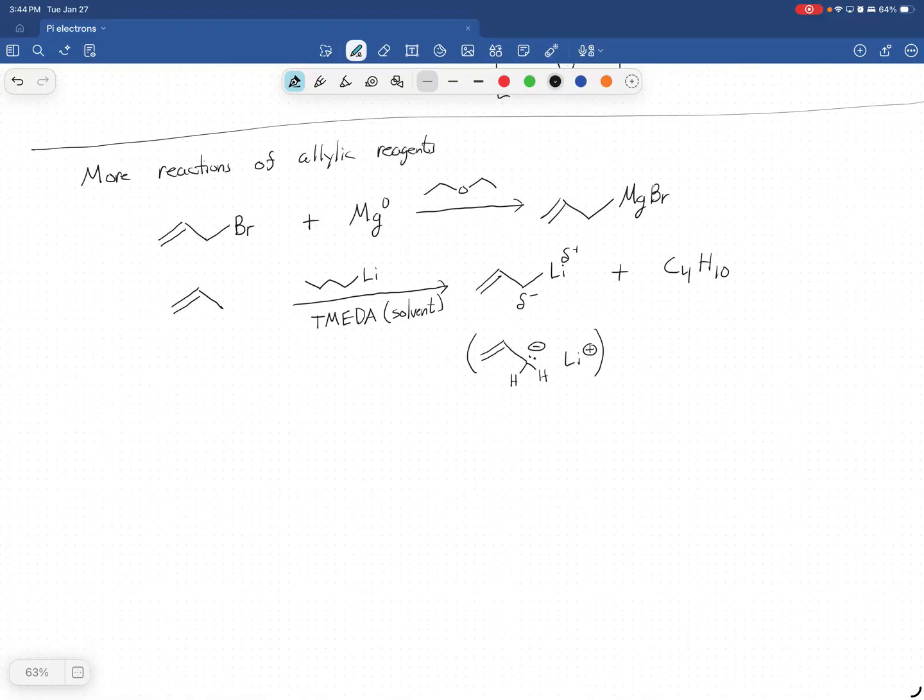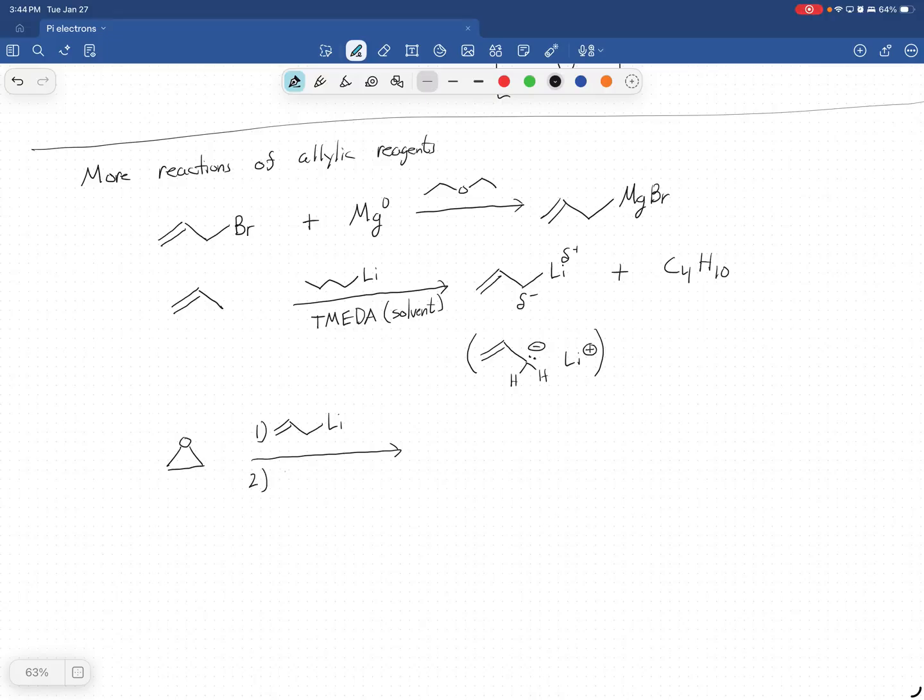We can now make our allylic group nucleophilic. We can then use that to attack carbon electrophiles here. So let's use our newly made lithium reagent, so allylic lithium.